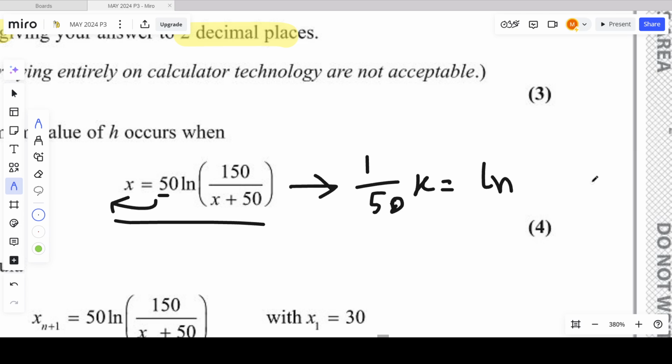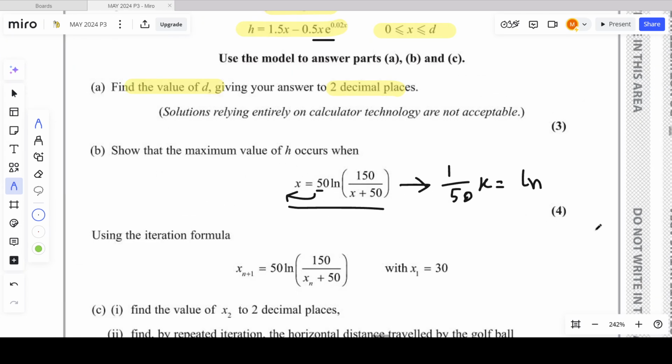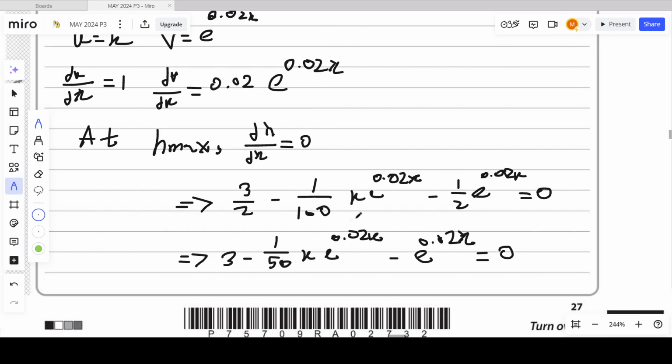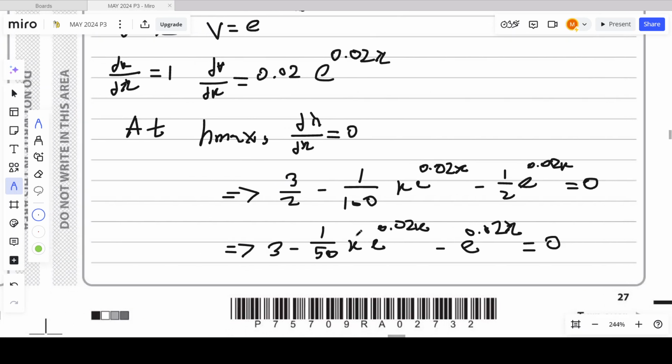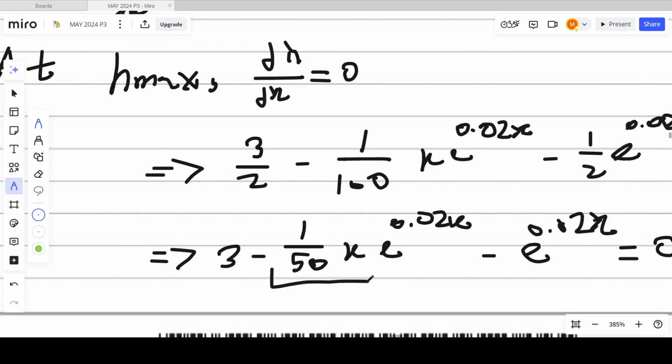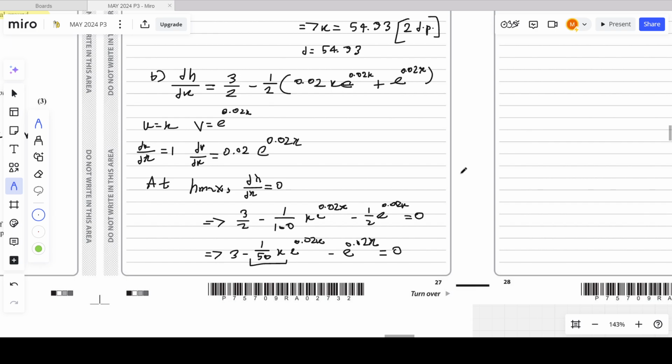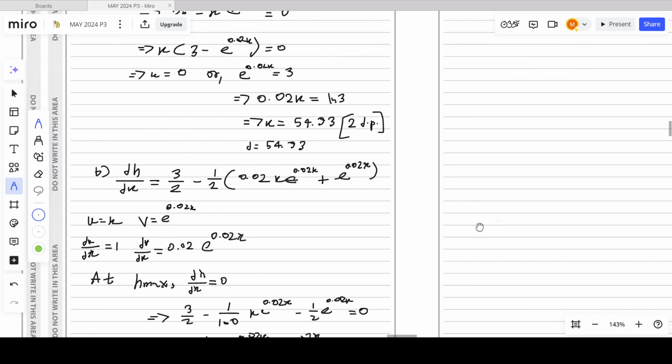So on the left hand side we should have 1 over 50 x, right? So we will just take this term to the right side.